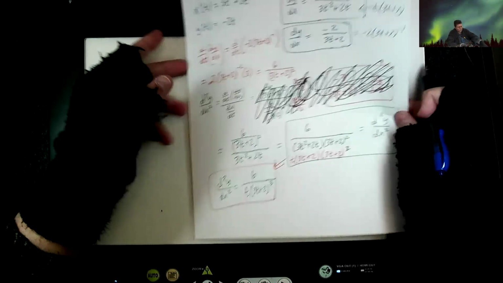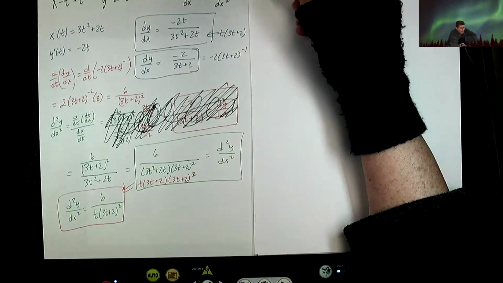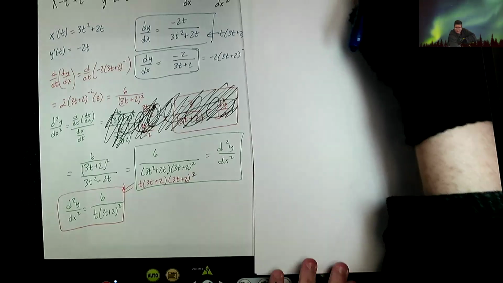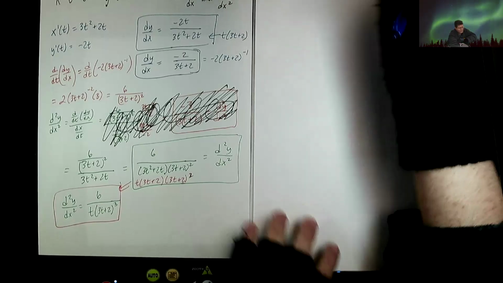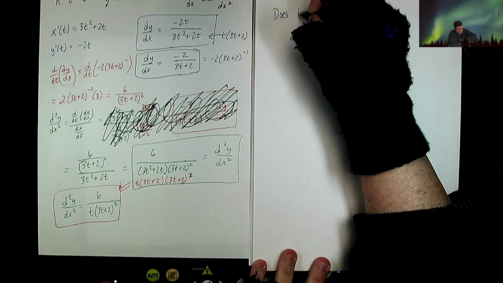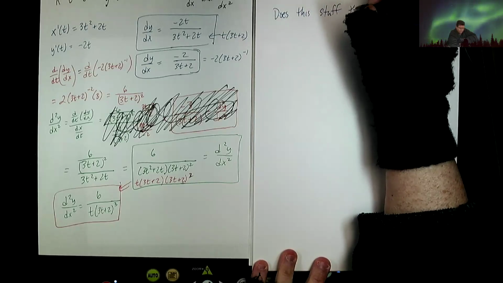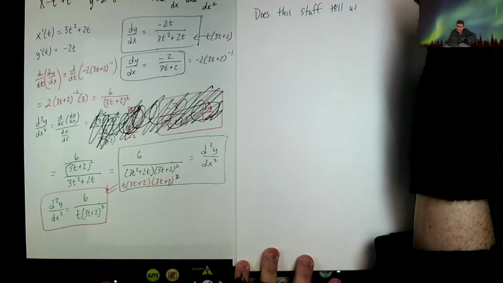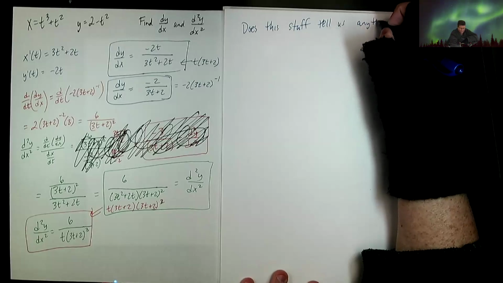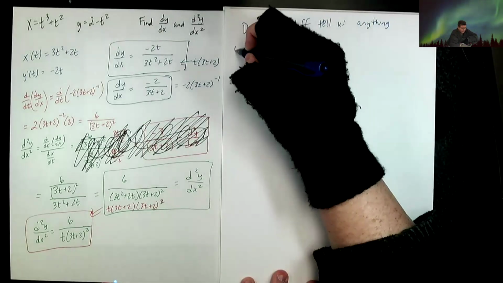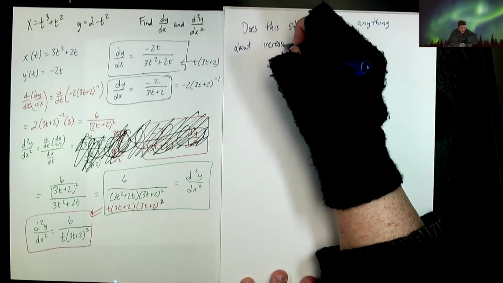All right, related question. Does this stuff tell us anything about increasing, decreasing regions?